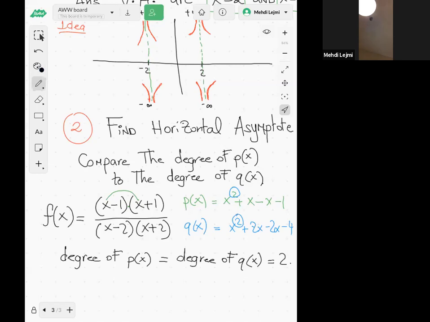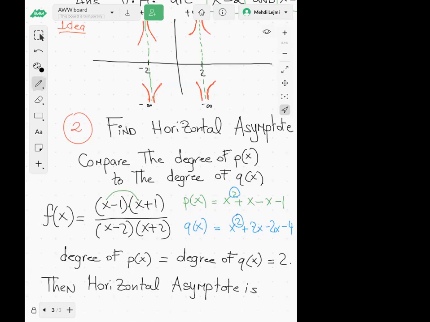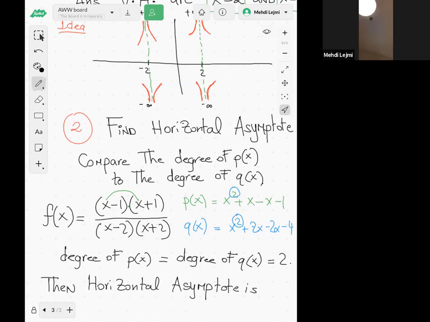And in this case, for the horizontal asymptote, if p and q have the same degree, then the horizontal asymptote is y equal to the leading coefficient of p over the leading coefficient of q.